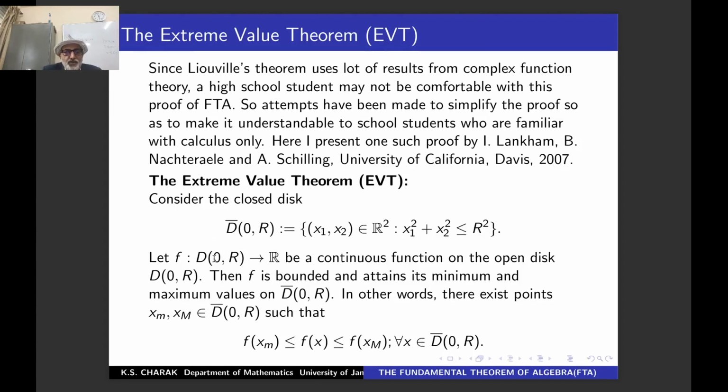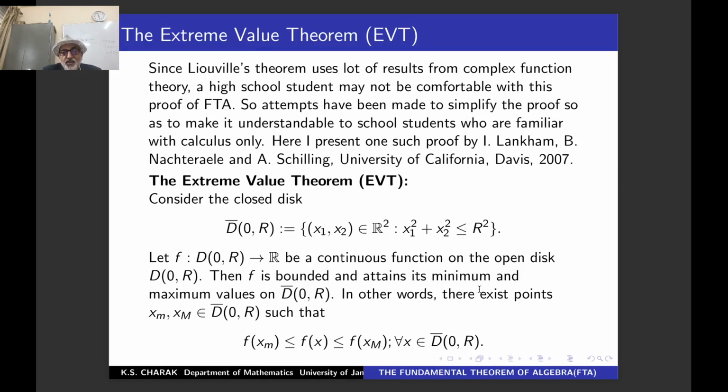Now on this disk you define a real valued function f, and suppose it is continuous on the disk. Then f is bounded, because it is continuous and this is a compact set, a closed and bounded disk.